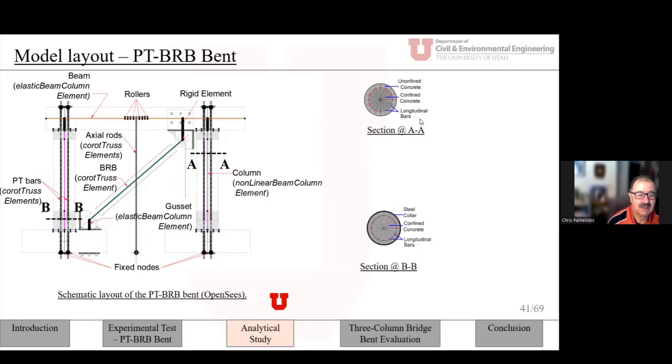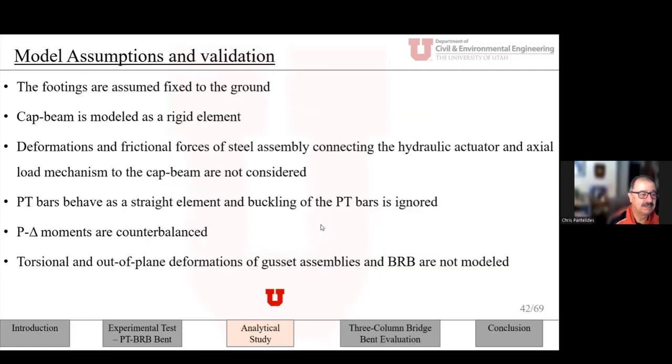So we had a flow chart here that defines the properties, the rocking parameters, the horizontal springs and the interfaces. We tried to match the hysteretic response to stay within 15%. We tried to match the yielding cycle of the BRB and the fracture cycle of the BRB.